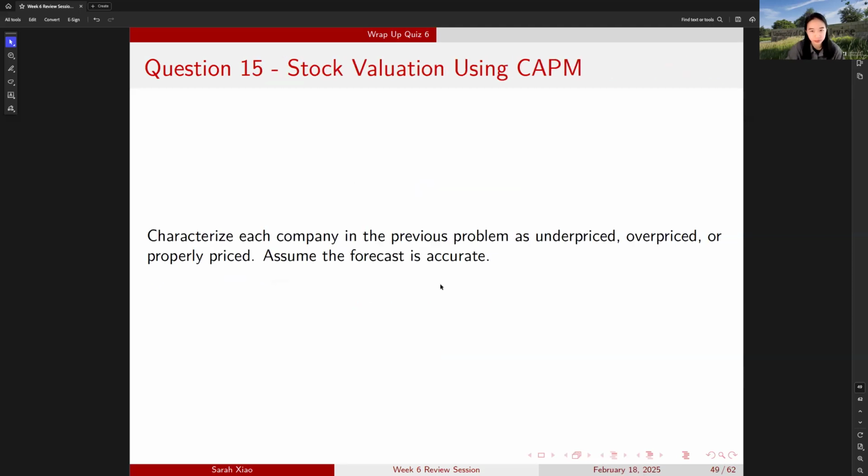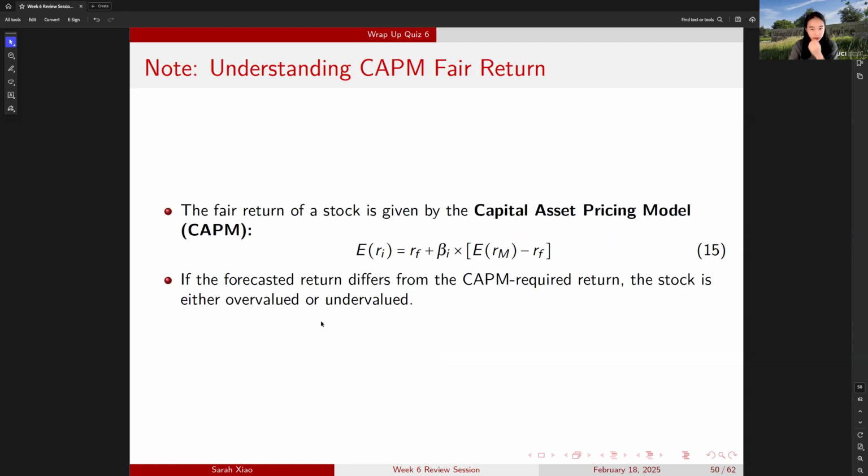All right, so let's move on to question 15. The question is, characterize each company in the previous problem as underpriced, overpriced, or properly priced. So firstly, the fair return of a stock is given by CAPM.